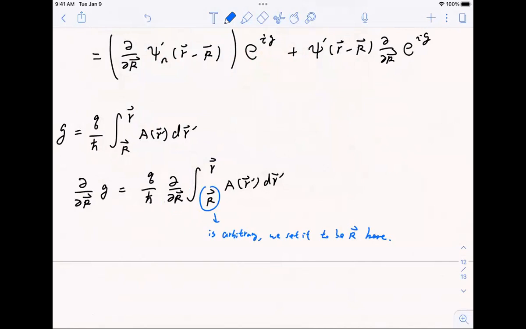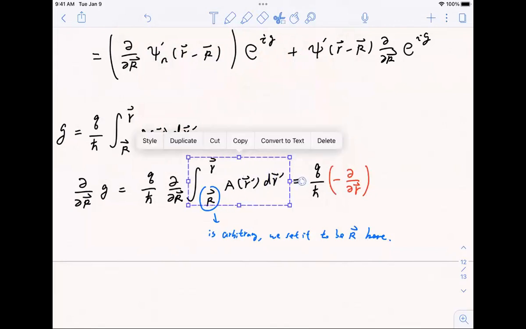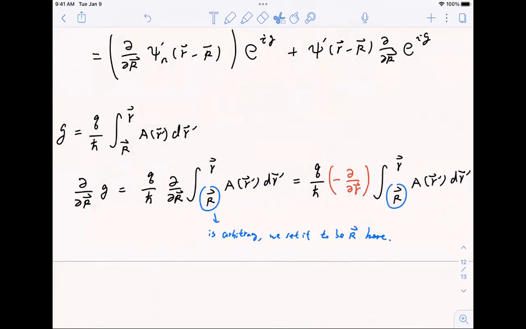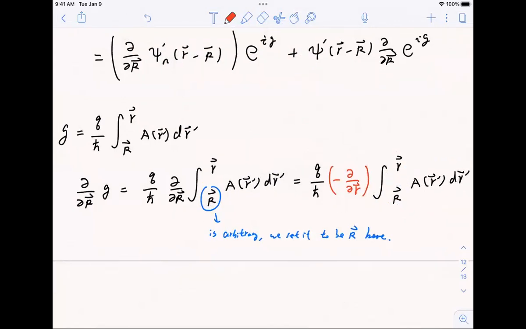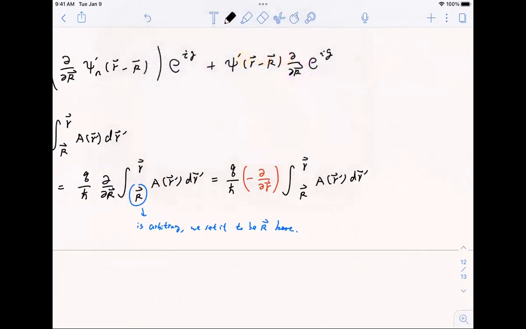So when you do the derivative with respect to R, you make it become negative dr. Because this is the small r and this is the big R, doing the derivative on the big R will be the negative derivative of the small r. So once you deal with this, you pick up a negative sign.